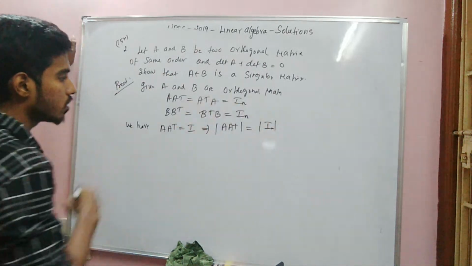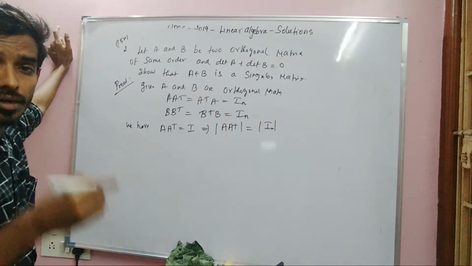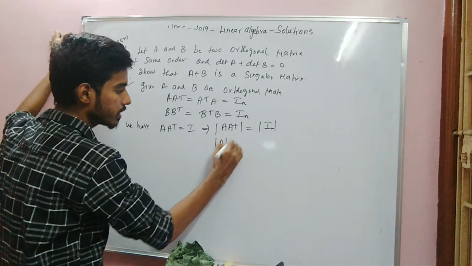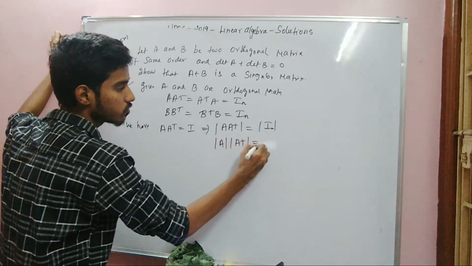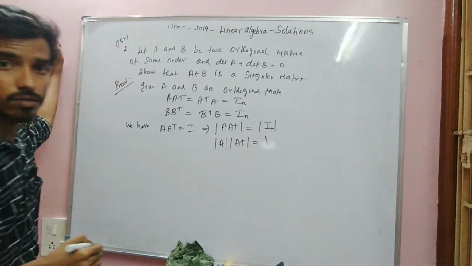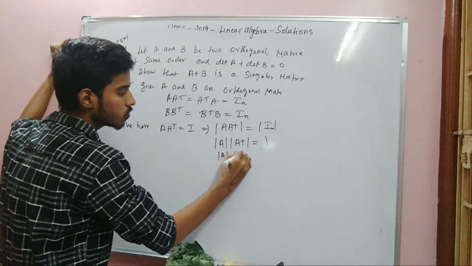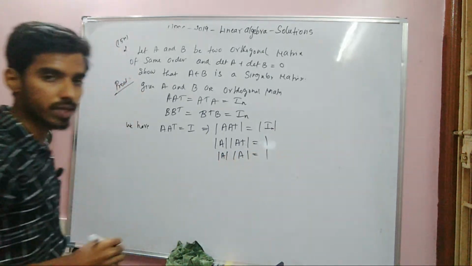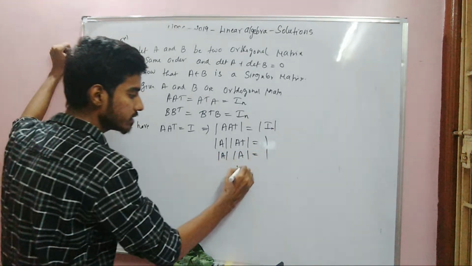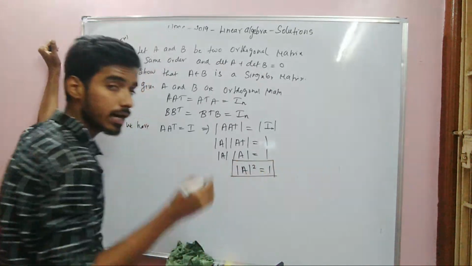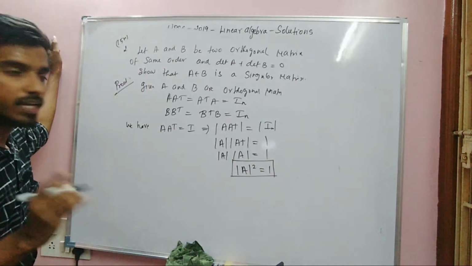Now determinant of AB is determinant of A into determinant of B. So I can write this as determinant of A into determinant of A transpose, and the determinant of an identity matrix will always be equal to 1. Now determinant of A transpose is always the same as determinant of A. So this implies determinant of A square is equal to 1. So if A is an orthogonal matrix, determinant of A square will be 1.